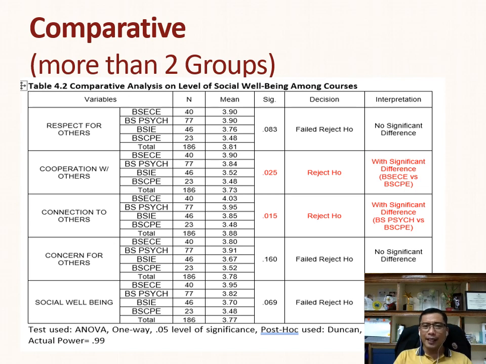Therefore, only in these areas could we say that we should be rejecting the H0, or there is a significant difference. And based on post hoc analysis, those groups are only BS-ECE versus CPE, BS-Psych versus CPE on these areas. Whereas in the rest, there is no significant difference.